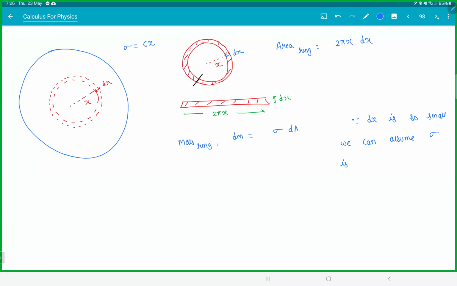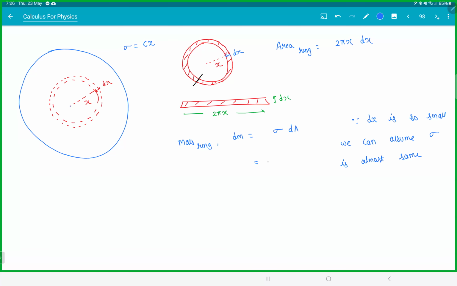Sigma is changing, but since you took such a thin thickness, sigma is almost the same. Isn't that the whole concept of integration? You're taking such a thin rectangle, you can assume the height is almost the same. I hope everyone is getting this. So you cannot apply sigma into the area of the disk, because sigma is changing. But you can apply sigma into the area of the ring because the ring is very thin.